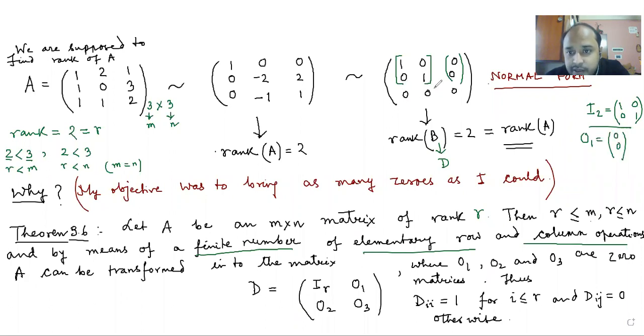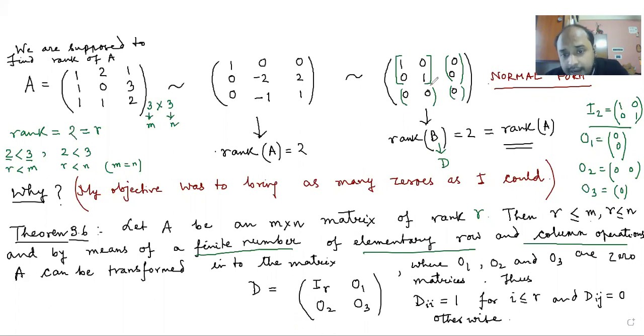This matrix is my row matrix, that is O2, that is 0, 0, and this is a matrix of a single row and one column, that is my O3, that is 0. So I have transformed the matrix into the form I_r, O1, O2, O3. That form, in some books, they call the normal form.